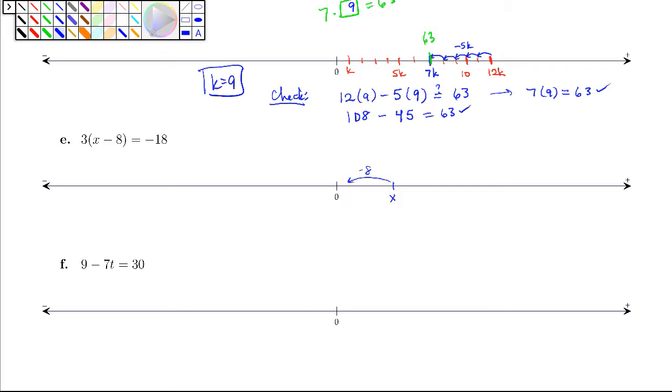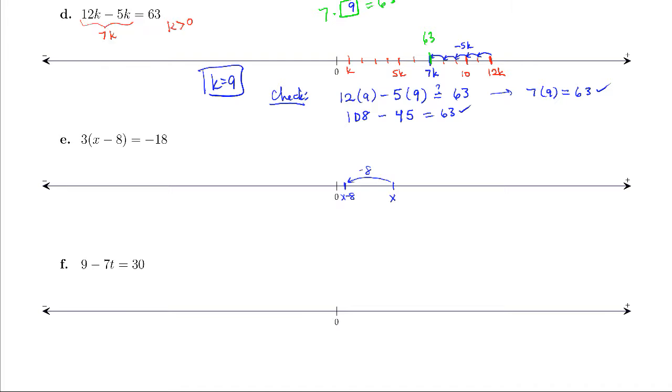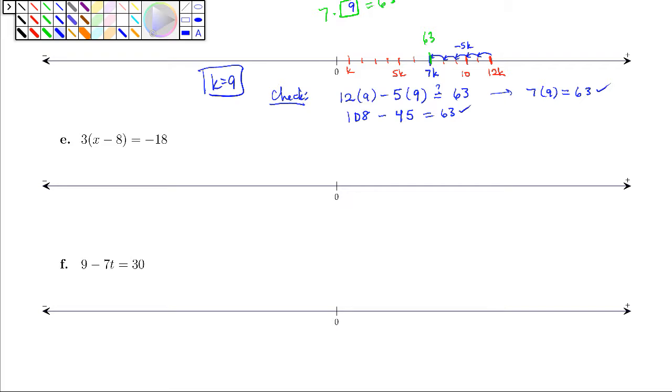So here's x minus 8. And I take 3 copies of that, and it's supposed to give me negative 18, right? So I think, in fact, I want to actually start with 3 copies of some number equals negative 18.